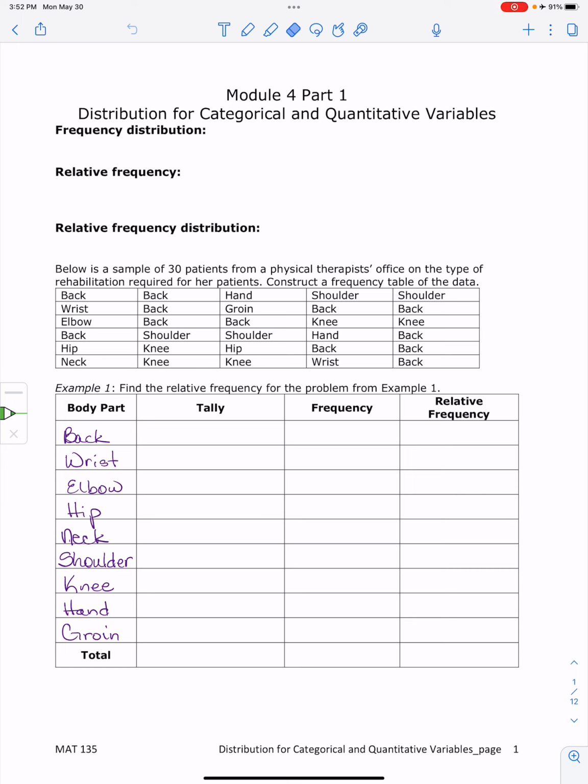So our frequency distribution is going to be an organized representation, and that's usually a table or a graph that displays the number of observations.